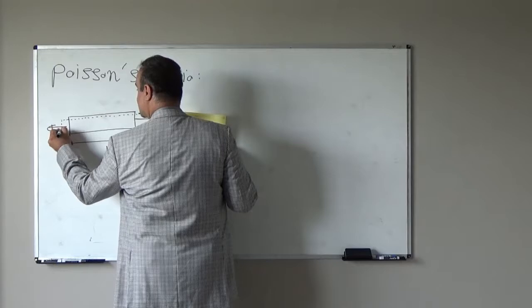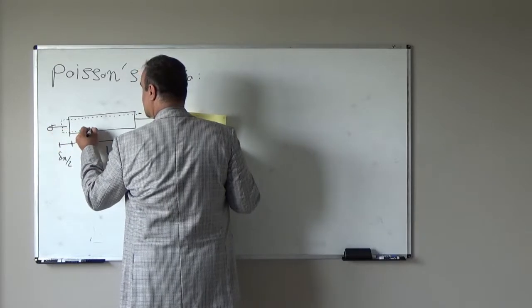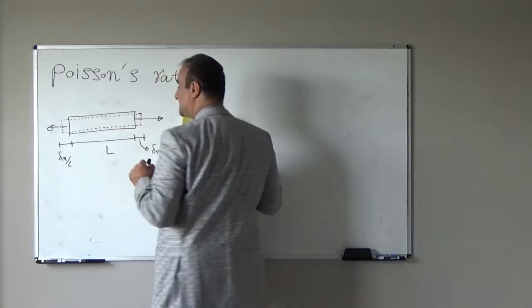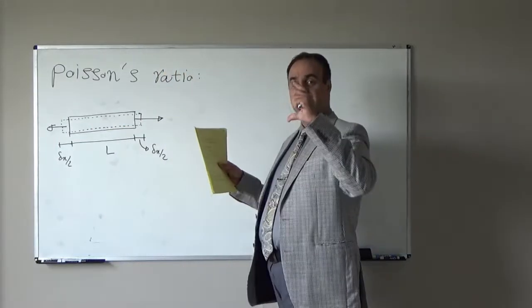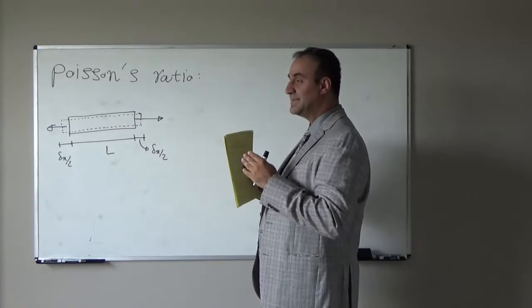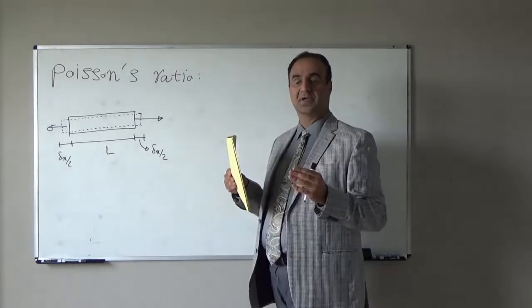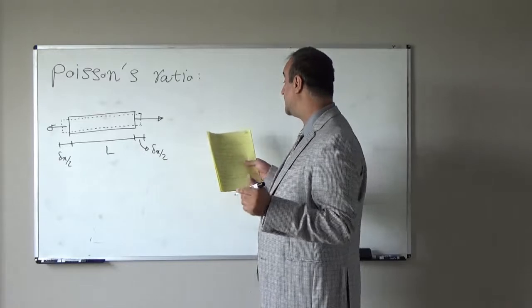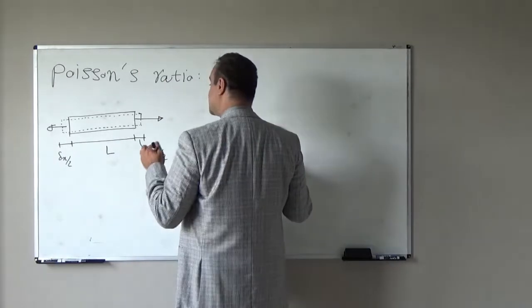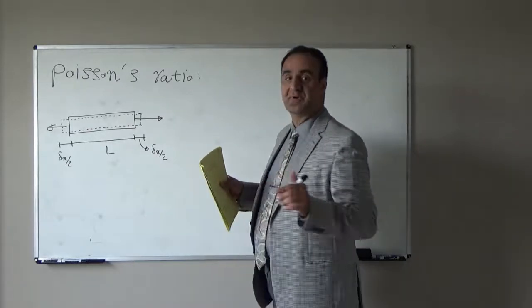In the lateral direction, it becomes thinner. In the axial or longitudinal direction, it will be longer. So this property shows Poisson's ratio.